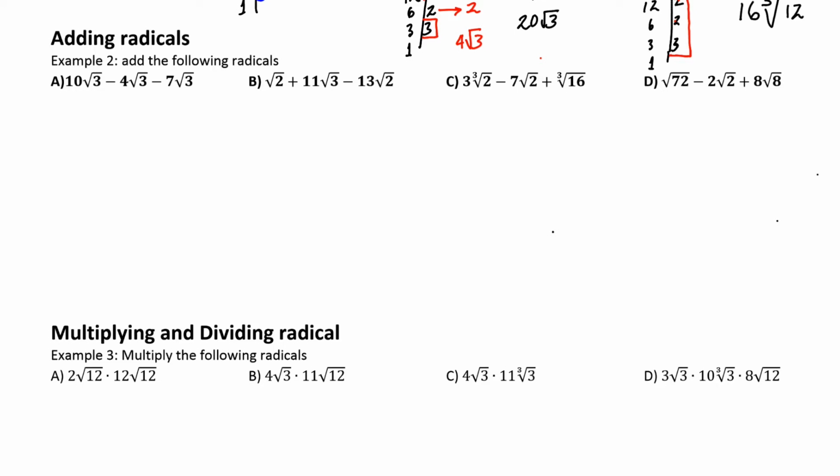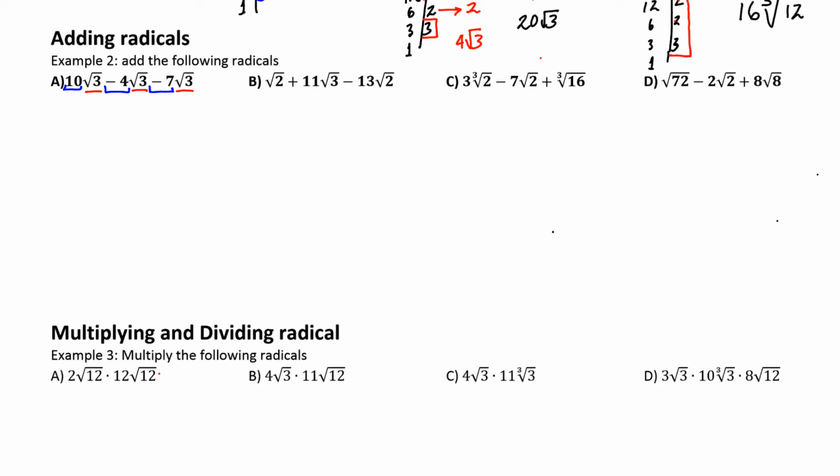Now, in the first one, okay, you'll notice that we have the same radical, which is the square root of 3. Okay? Since we have the same radical, all we need to do is add the coefficients, the number in front of the radicals, which in this case is 10, -4, and -7.